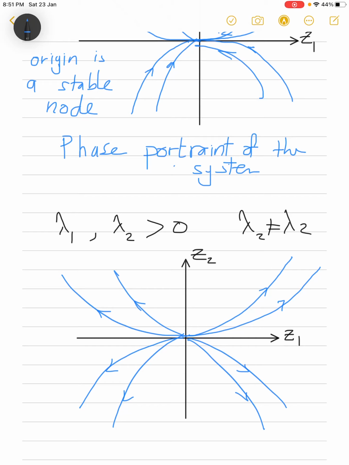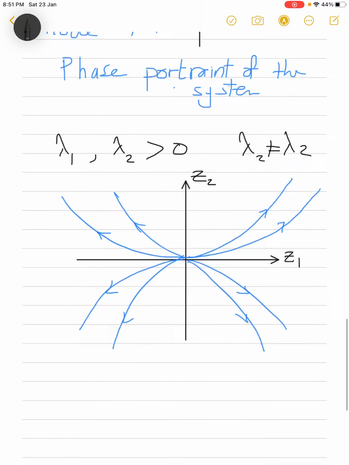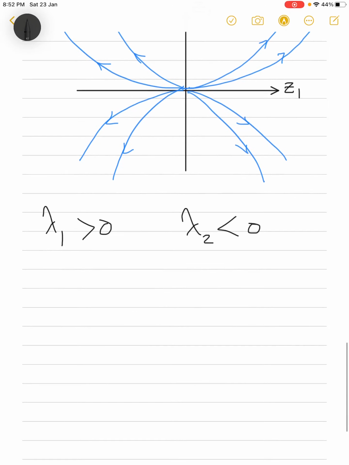A third possibility is that one of the eigenvalues is negative and the other one is positive. So if we consider lambda 1 to be greater than 0 and lambda 2 to be less than 0, in that case we get an equilibrium point which is called a saddle point.